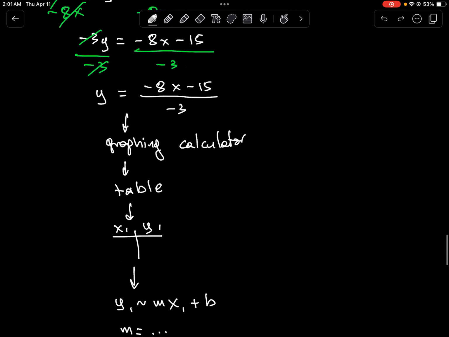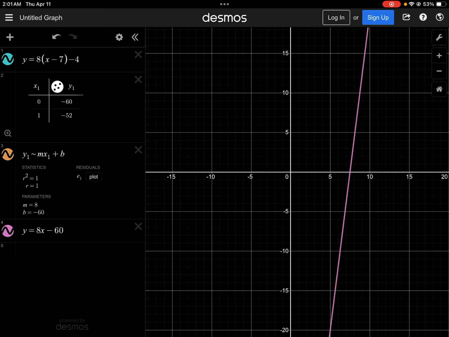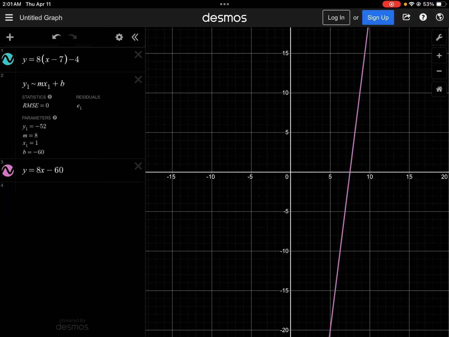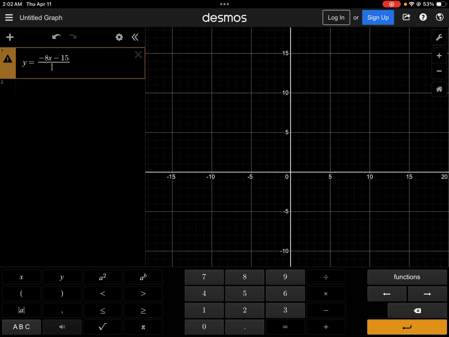Okay, so let's go to our graphing calculator, and let's get rid of everything. Okay, y equals, fraction line with the division symbol, and I'm going to put in the numerator negative 8x minus 15, the denominator negative 3.